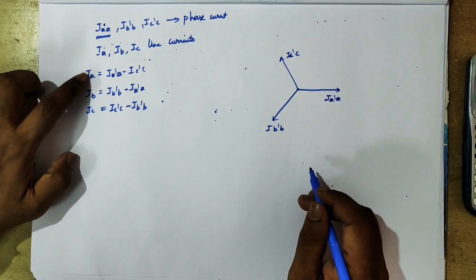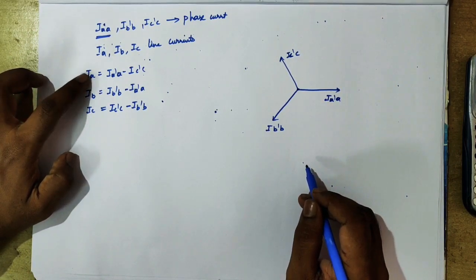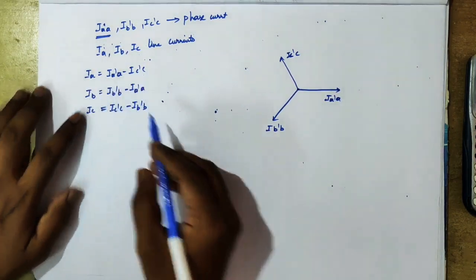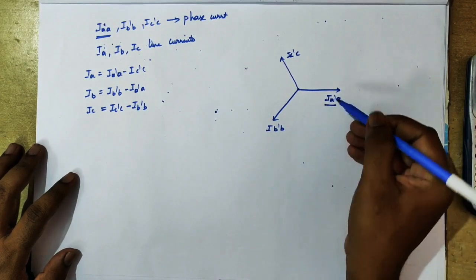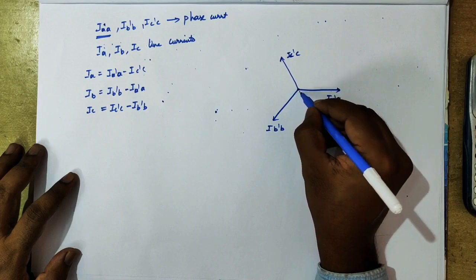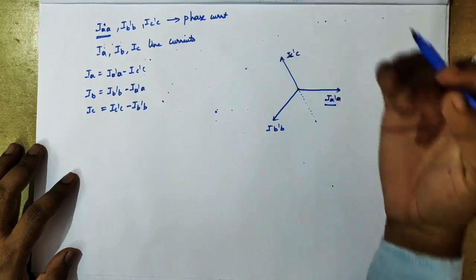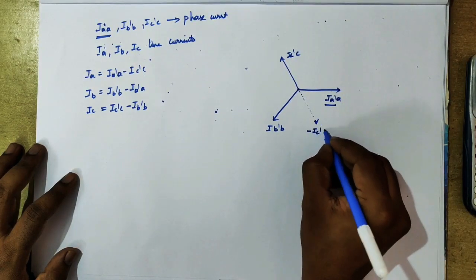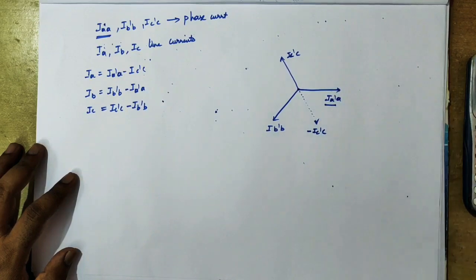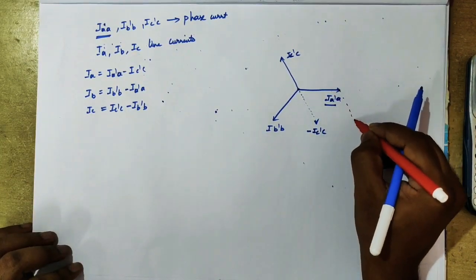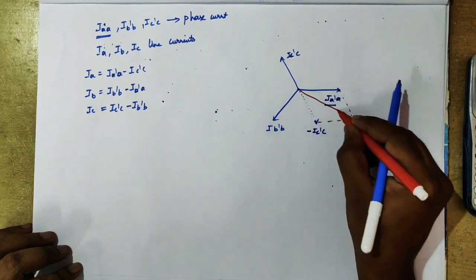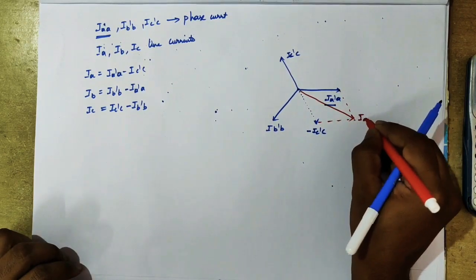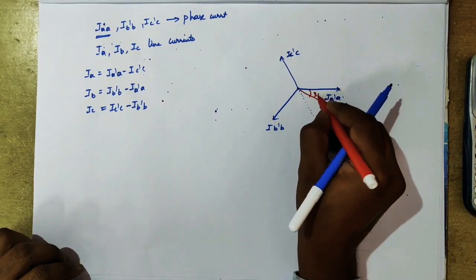Now I want the line current I A. How will we get the line current? I A is the phasor subtraction of I A dash A and I C dash C. I already have I A dash A. To get minus I C dash C, we have a 180 degrees phase shift with the same magnitude, giving minus I C dash C. The resultant of these will be I A, the line current, which is 30 degrees lagging.